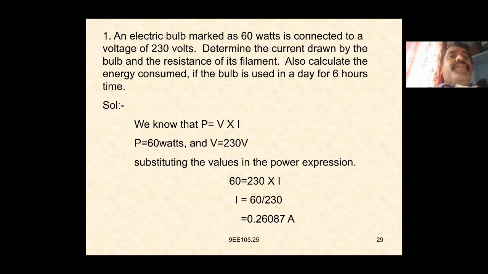According to Ohm's law, I is equal to V by R. Power P is equal to V into I, so we can find the value of the current I, which is 0.26087 amperes.